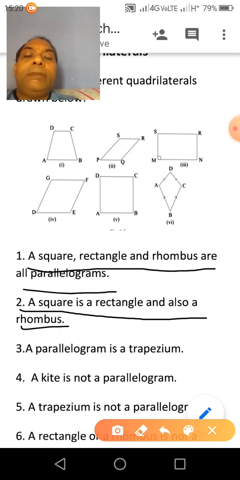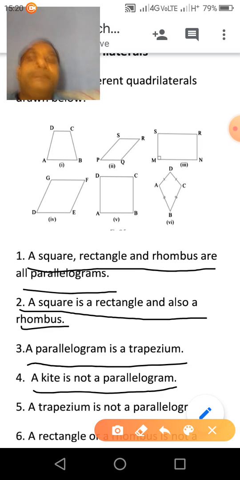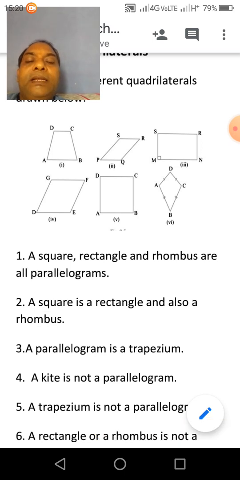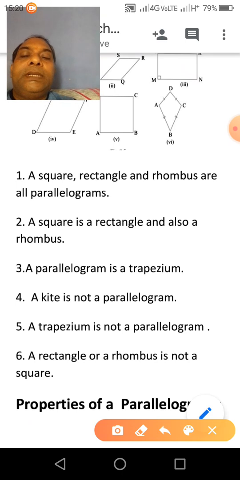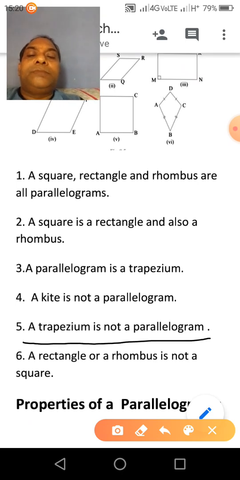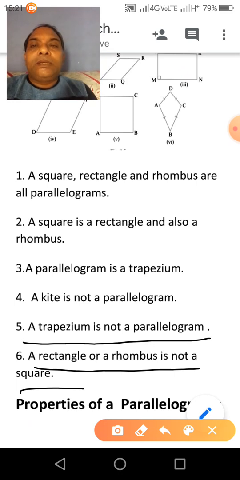Third point, you have to remember all parallelogram is a trapezium. Fourth point, a kite is not a parallelogram. Clear? Fifth point, a trapezium is not a parallelogram. And in sixth point, a rectangle or rhombus is not a square. You have to remember these points and also you can prove. Clear?